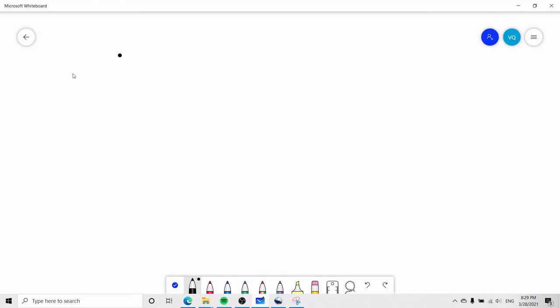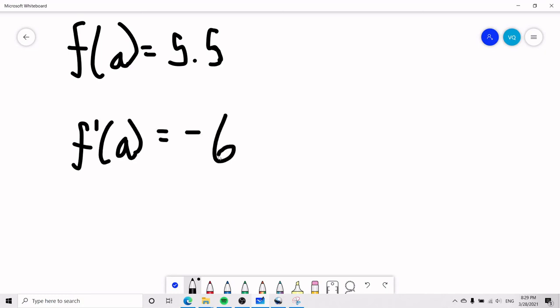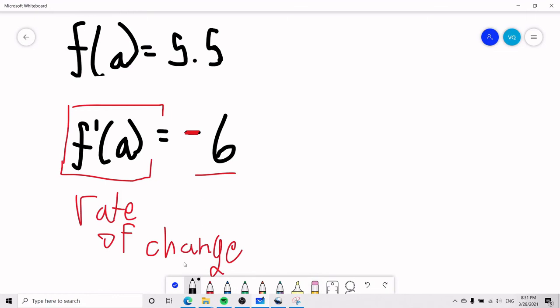If I am told that f of a is 5.5, and I am also told that the derivative of f of a is negative 6, and you need to state whether it's increasing or decreasing, I need to realize that when it is in the form of a derivative, these are values for rate of change. Having this in mind, we want to graph visually what both pieces of information give me.